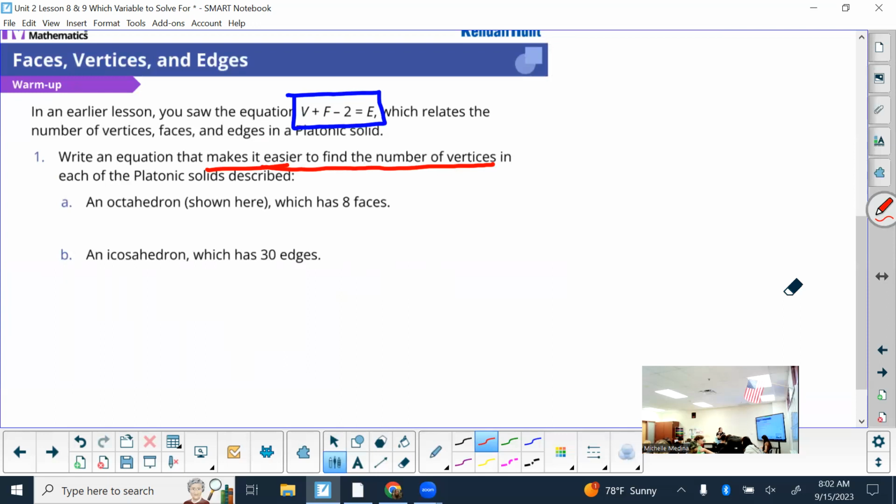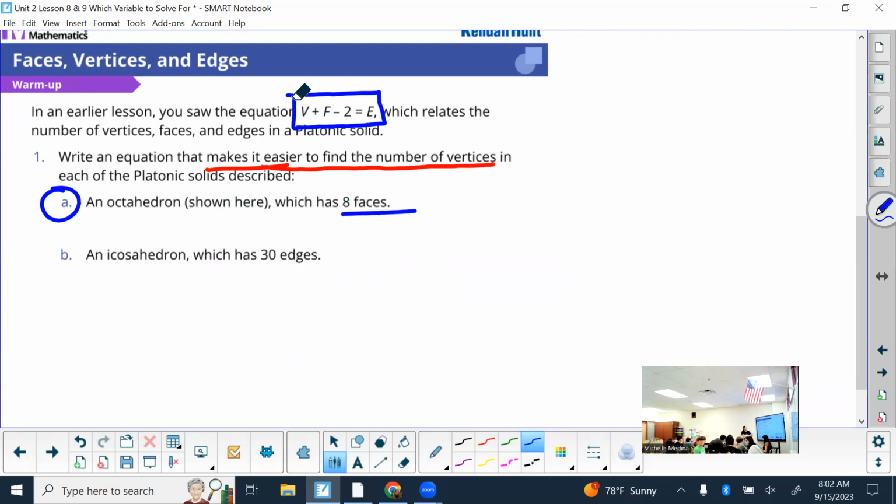Okay, so now you have to think, what math can I do to get it by itself? All right, I'll kind of help you a little bit. I know this is hard. So in the first example, an octahedron, which I don't really know what that is, I'm sure it has 8 faces like it says.